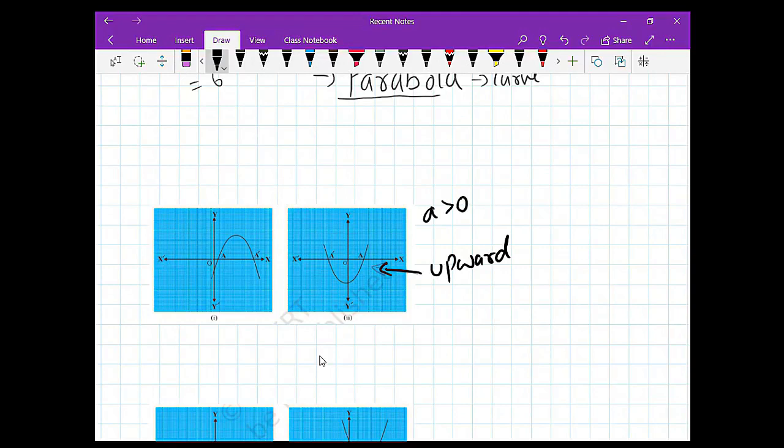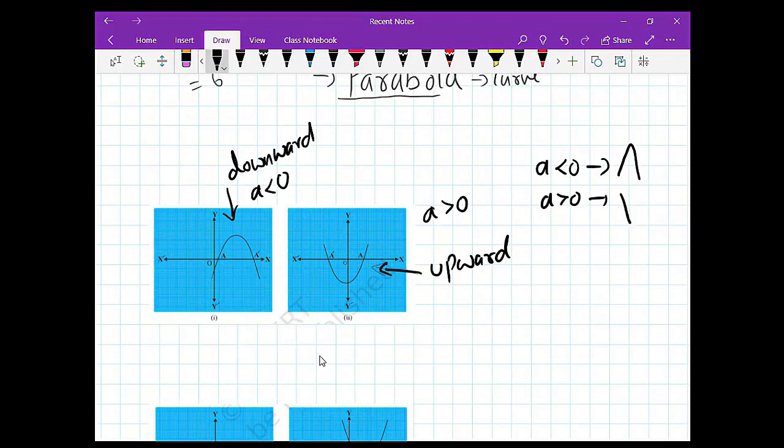And here the parabola is facing downward. It means the coefficient of x square of the quadratic equation is less than 0, means a is less than 0. See the concept. When a is less than 0, you will get a downward curve. When a is greater than 0, you will get an upward curve like this.